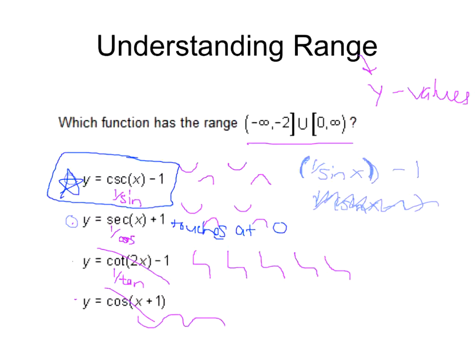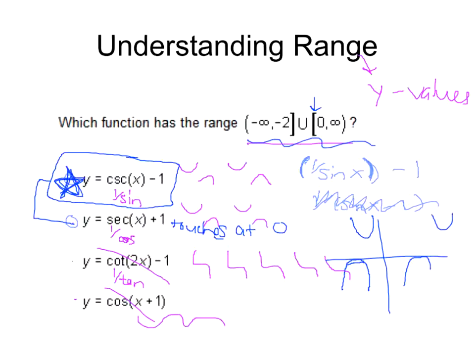Okay, scratch that. They both actually touch at 0, both of these. That's not why the bottom one doesn't work. The bottom one goes from 0 up to 2. So that's not the range that I'm looking for. It's the top one that actually works. They both touched at 0, so that was incorrect. Plus it can touch at 0 since it is included in the original. So just graph both of them and you would be able to see which one has the correct range.